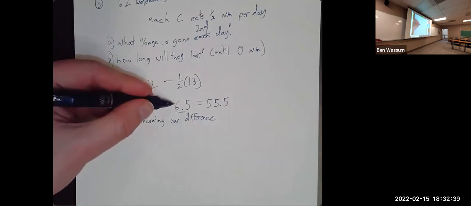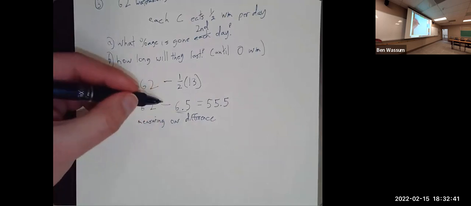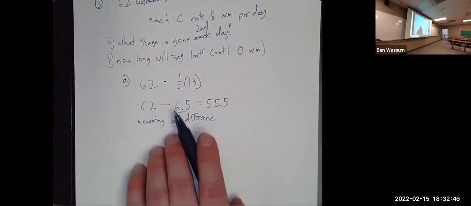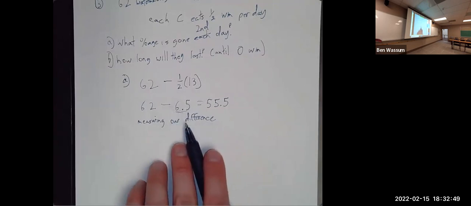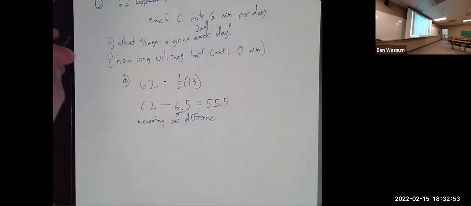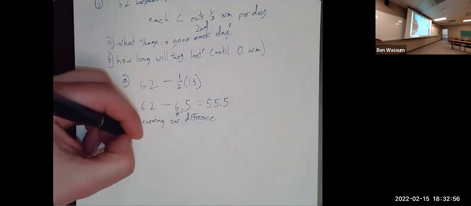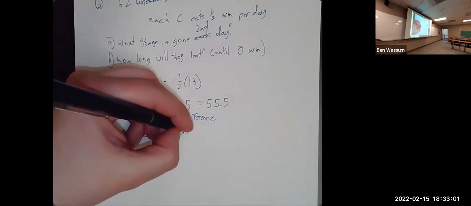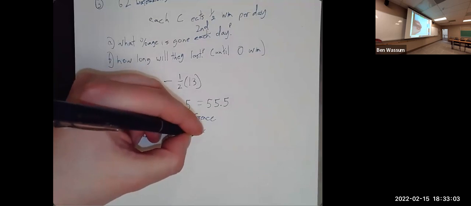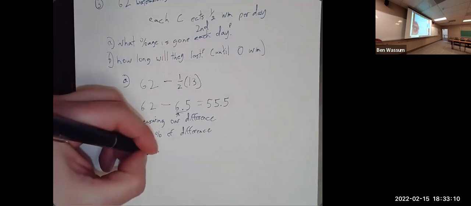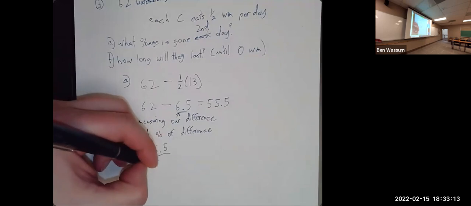Our first day, we lost 6.5. In fact, every day we lose 6.5. So there's actually going to be two ways we can work this out. You can measure the difference. You end up with that one. And then you find the percentage of the difference. And if you remember finding the percentage of a piece of it, you're going to put the part over the whole.